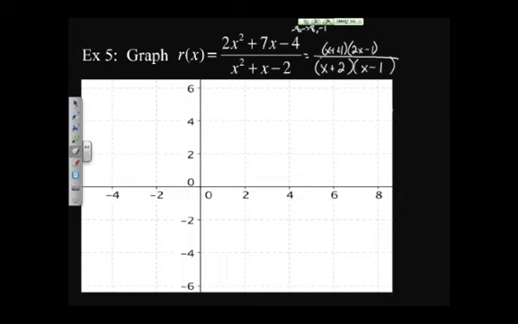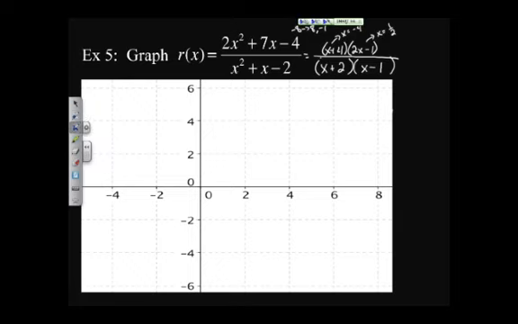Next, we want to identify the intercepts. Well, to find the x-intercepts, we take the numerator and set it equal to 0. So that's going to give us x equals -4 and x equals 1/2 when we solve that. So let's go ahead and put that on our graph.